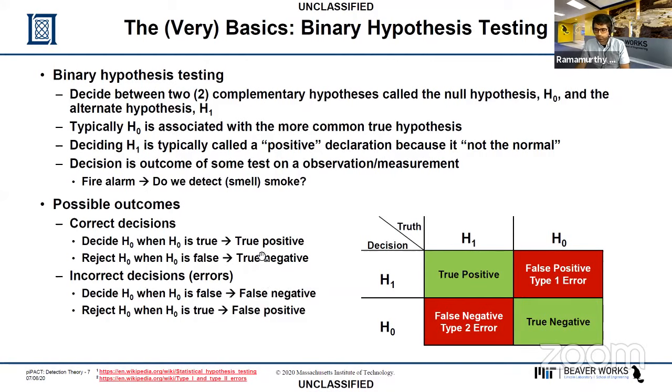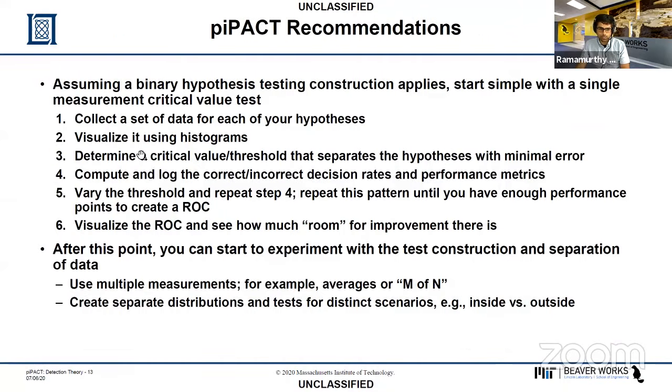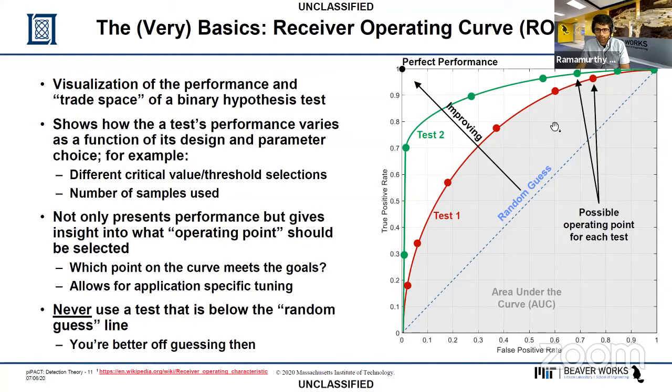You guys have got to do some independent research to understand, but start with these basic 6 steps. If you can go from collecting data to creating something that looks like this graph, this ROC curve, then you know how to do this process.